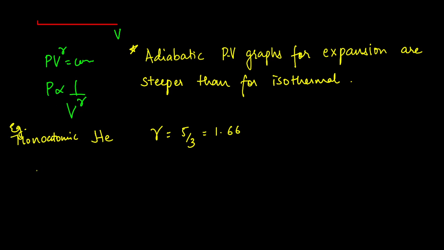So this equation will be like this. Compare that to isothermal, the equation will be like this. Is that clear? The two comparisons are clear. This is for adiabatic and this is for isothermal.